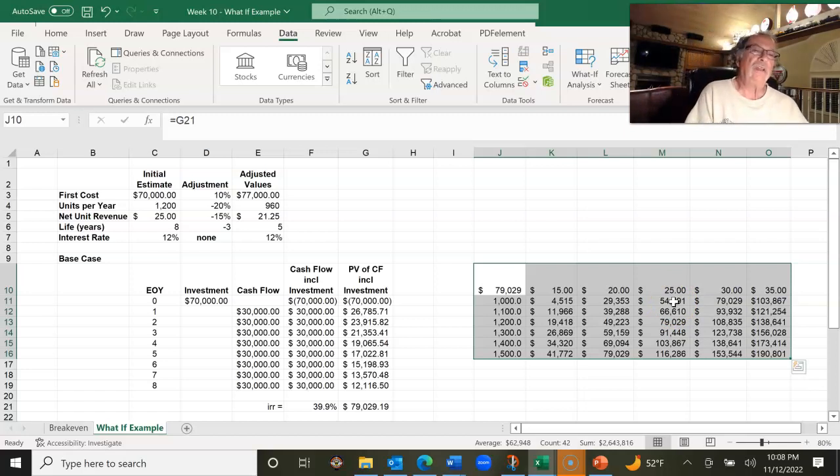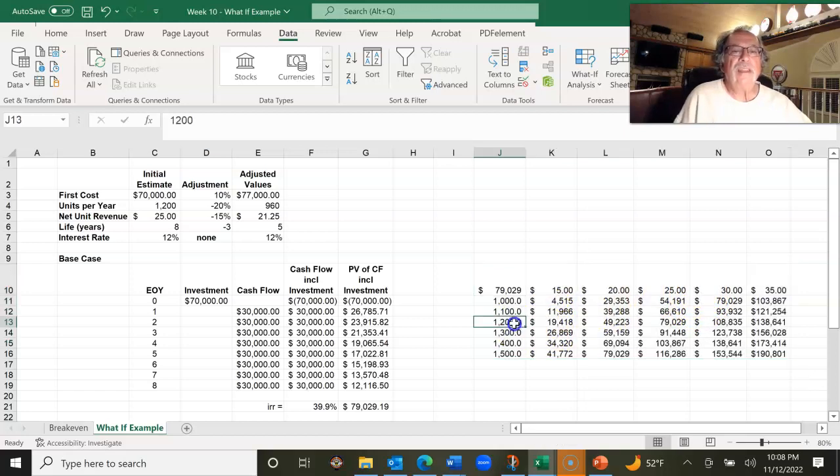This data table formulation is super powerful. Okay, and you're going to want to use this to build your sensitivity. So what this tells you is, this is our base case right here, 1,200 units per year. This is the present value at various net unit revenue prices.